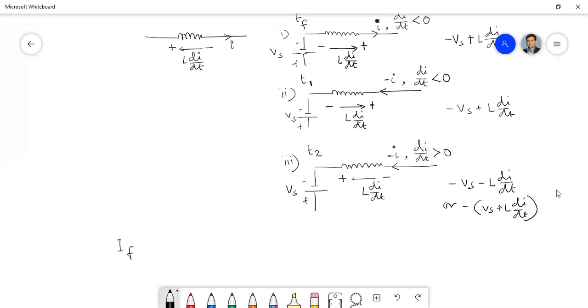I can, sir, write one pointer for you. I will write this. Because you see, this voltage is basically reverse voltage, minus.